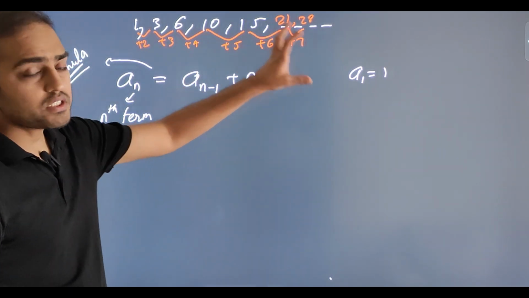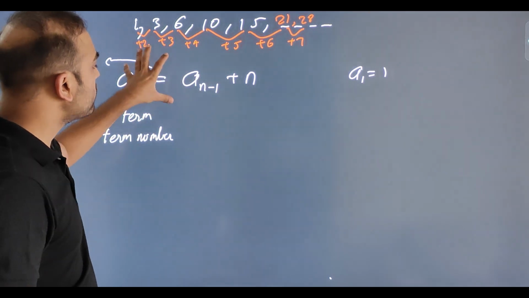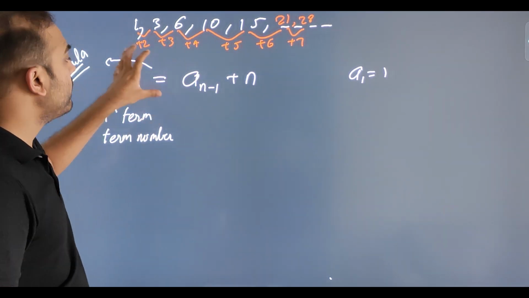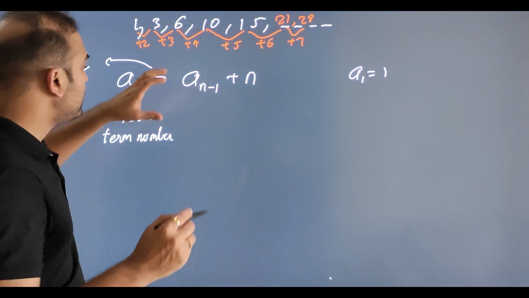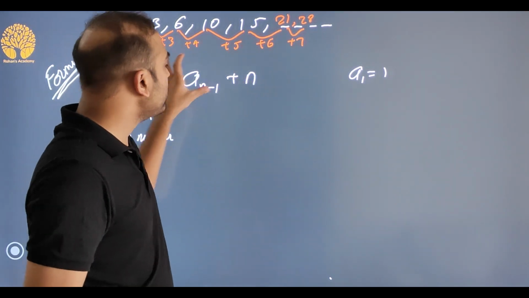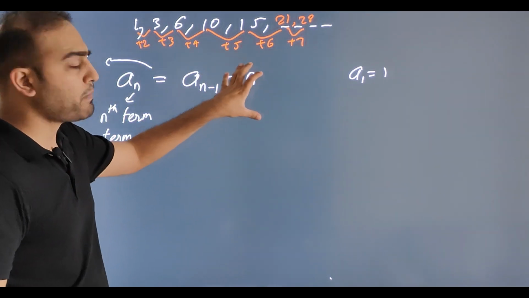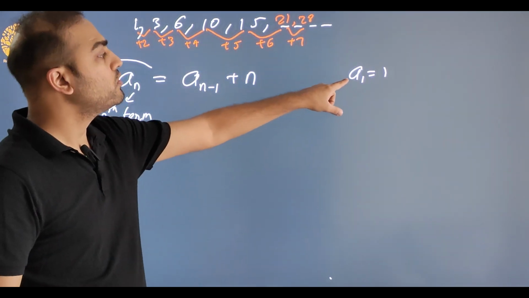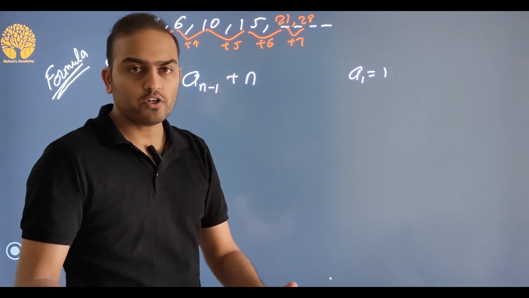All the terms in this series will follow this pattern. That does not mean there is anything special about a, n and all that. It simply means that each term will follow this pattern. Now the first term is 1, that's already given to us.